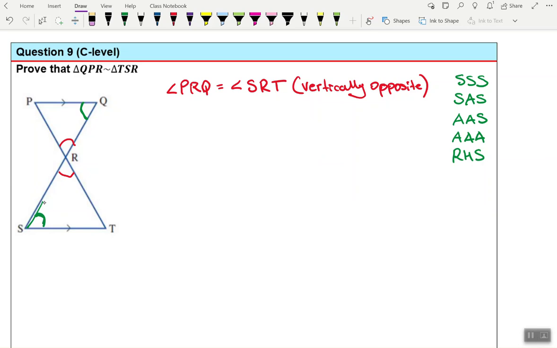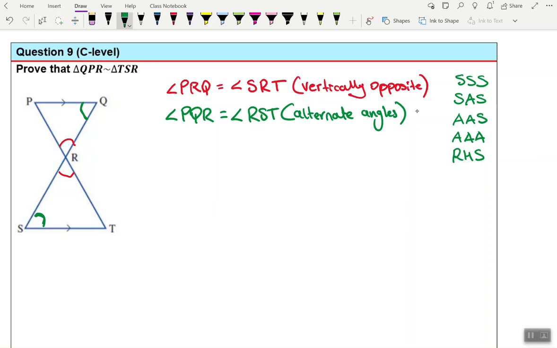Okay, so we'll just come out and write this. We will say angle PQR is equal to angle, and we will say that's because it's alternate angles. If you forget the word alternate angles, just say Z rule.